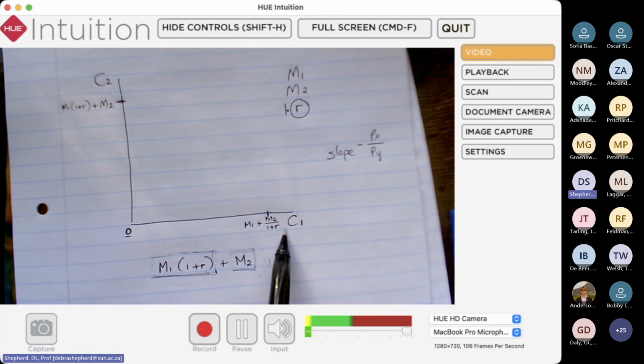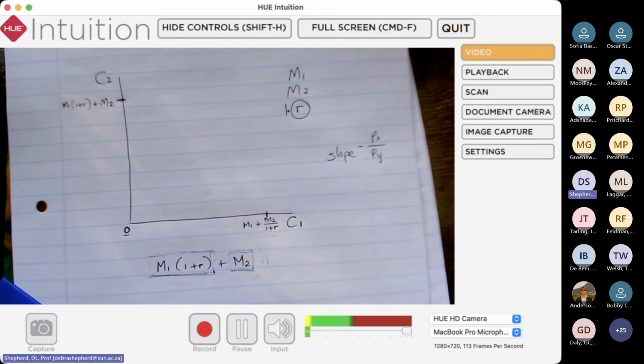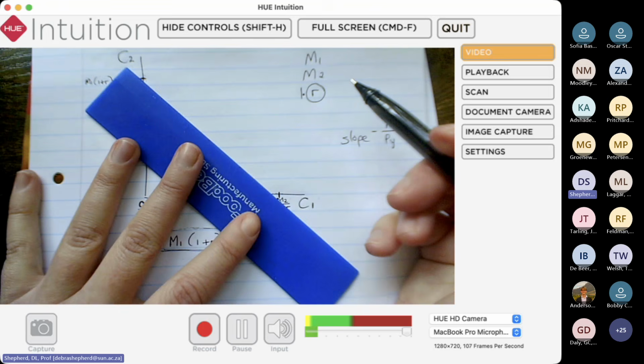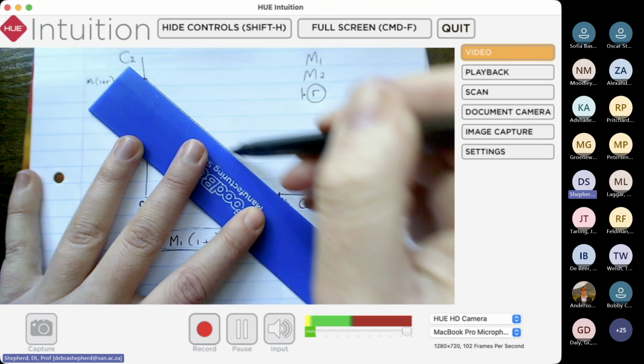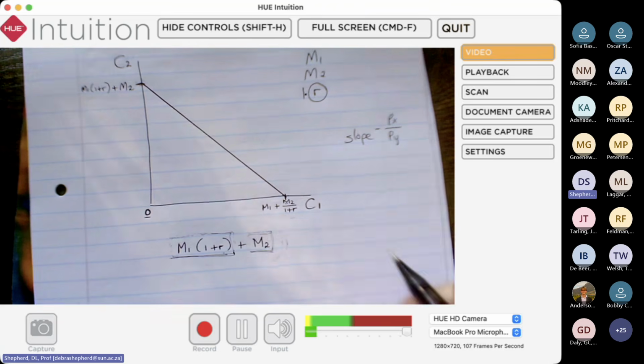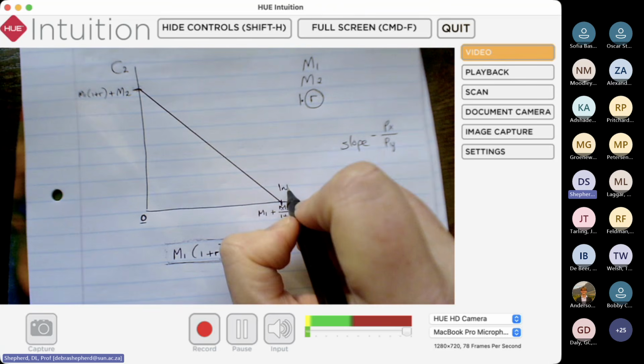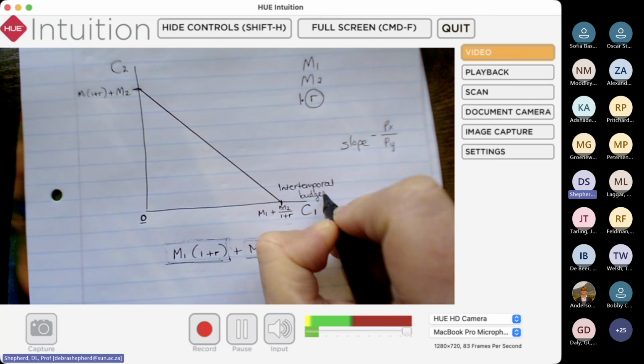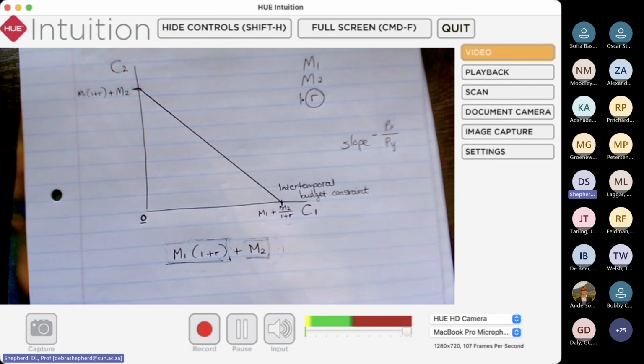That's what gives us the x-axis intercept. And if we join those two intercepts with a straight line, this is our intertemporal budget constraint. Okay, so those are the two intercepts.